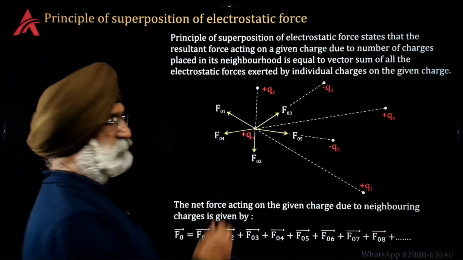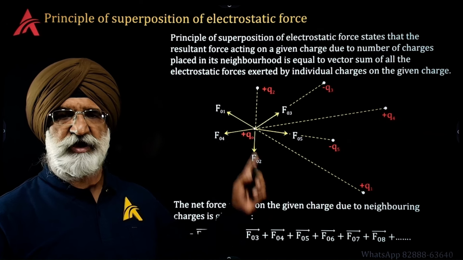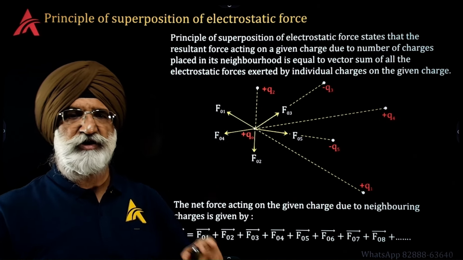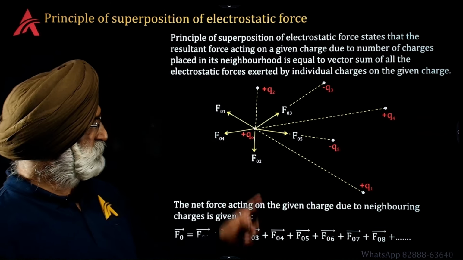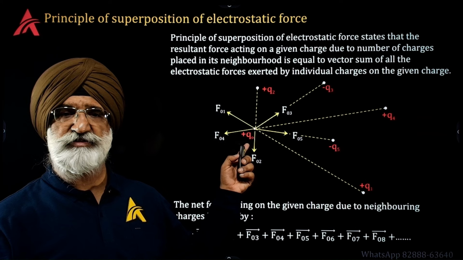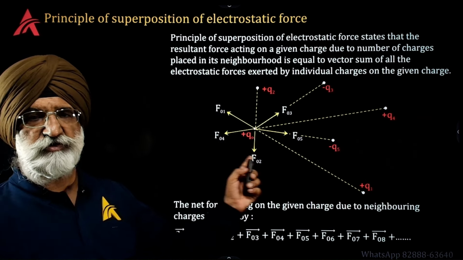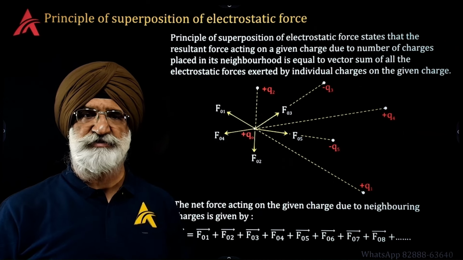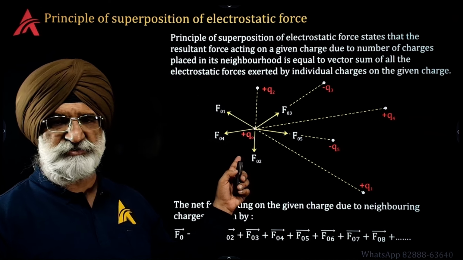Let Q0 be the given charge which is placed at some point, and Q1, Q2, Q3, Q4 are the other charges placed in its neighborhood. Then the resultant force acting on the given charge Q0, which is F0, is equal to the vector sum of the forces which are being exerted by the individual charges on that given charge.